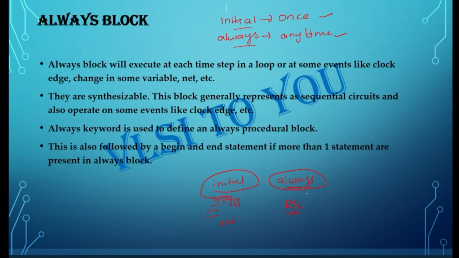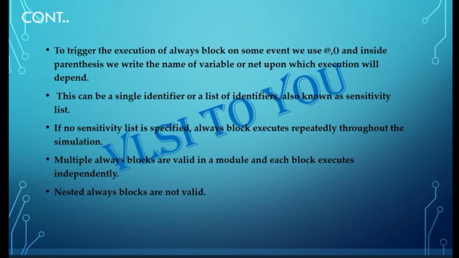In this always block also, if you want to insert three or more statements, you will write them within begin and end. Got my point? So it can be executed any number of times, it is synthesizable, it is used with the keyword always, and to have one or more statements, you write them within begin and end.